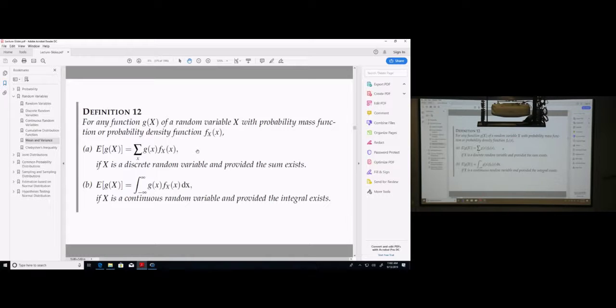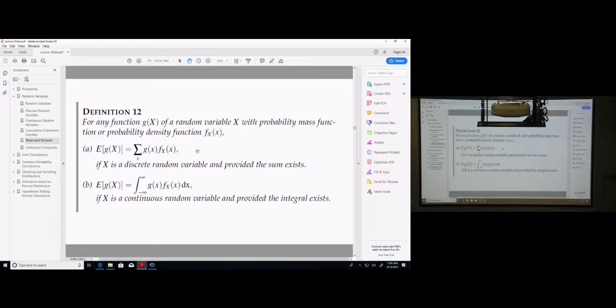This is not really a definition, but actually it is deduced from the principles of probability. So for any function g of X with a probability mass function in this form, we have to distinguish whether it's continuous or discrete, because we do things a little differently.